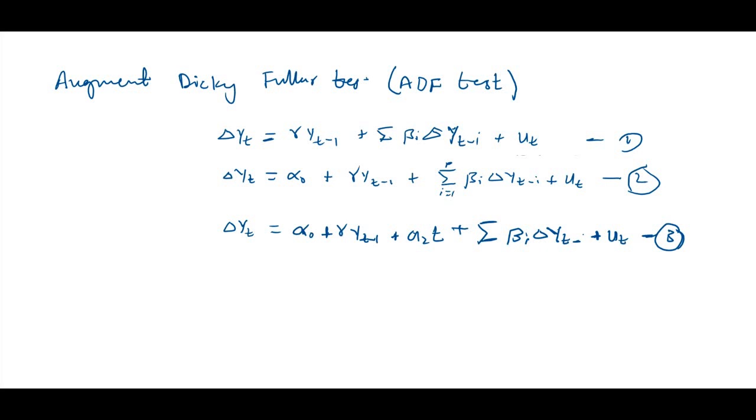Anyhow, do remember that this is delta yt minus 1. So the difference between these three regressions again concerns the presence of the deterministic element of alpha naught and alpha 2t, and the critical values for the ADF test are the same as those given for the Dickey-Fuller test. These both are identical.